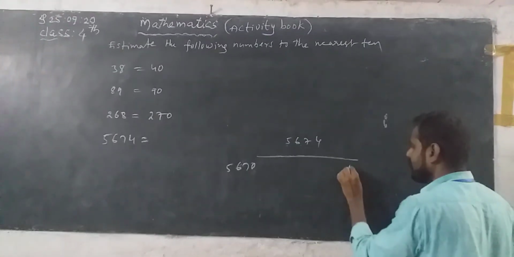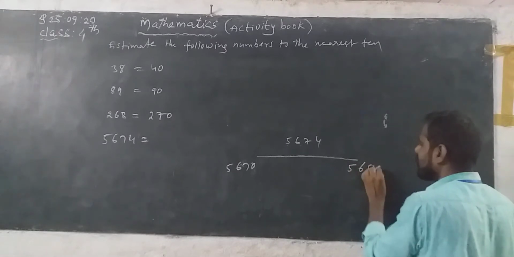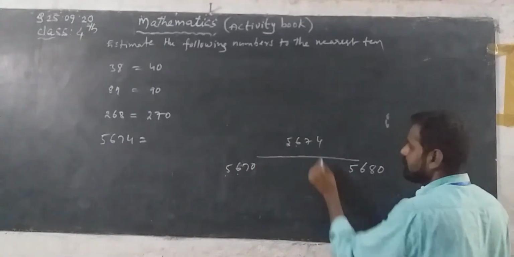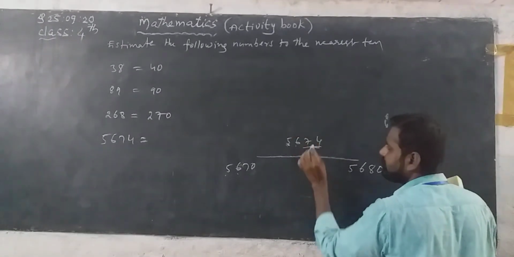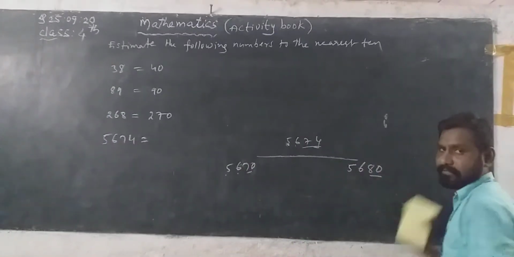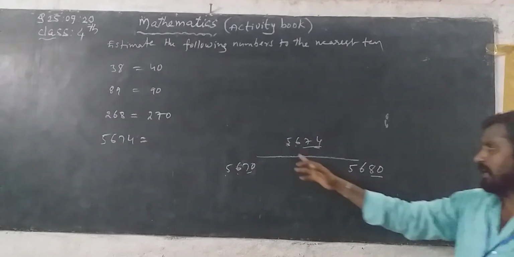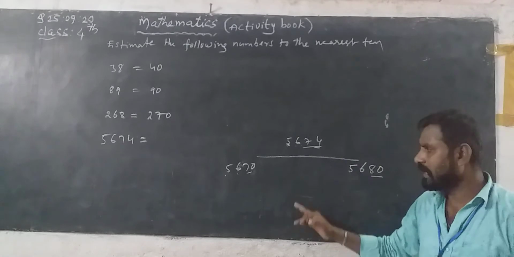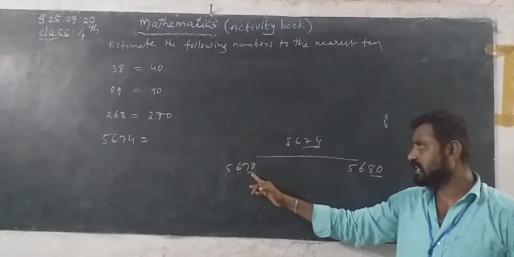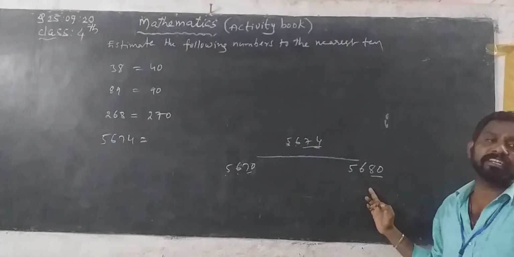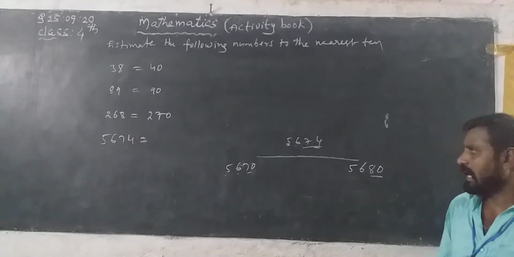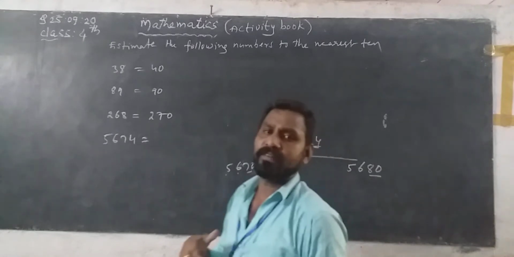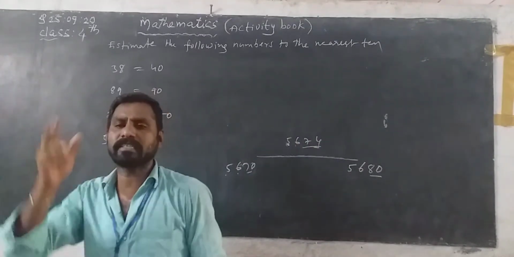Then while you are rounding the given number to the nearest tens, you compare the digit in the ones place.